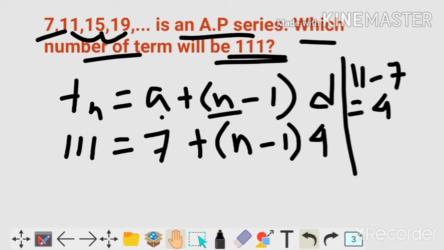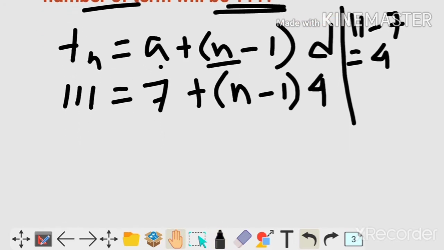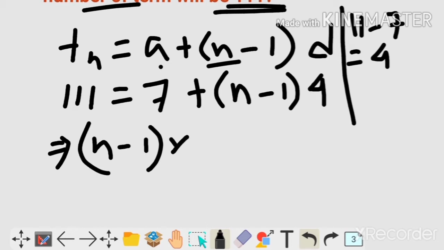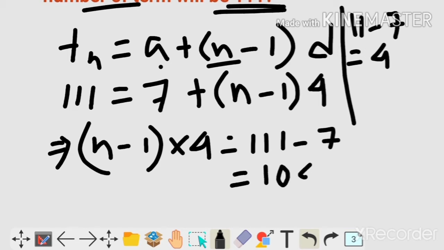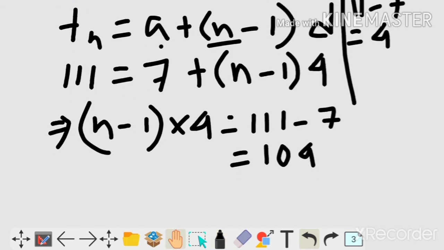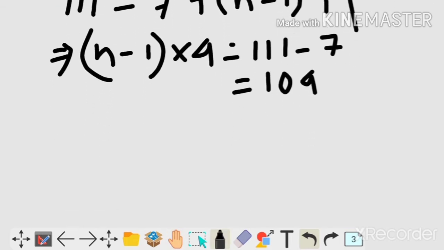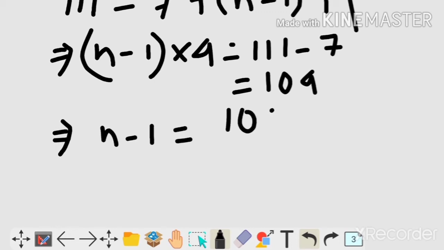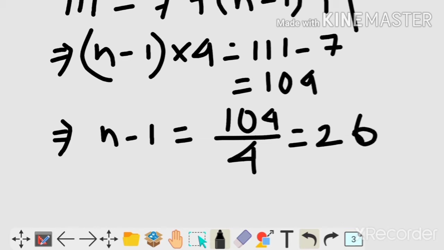Okay. Now we'll solve this equation. So it will be n minus 1 into 4 equals 111 minus 7. That means 104. Okay. Now if we solve this, then n minus 1 equals 104 by 4, which gives 26.